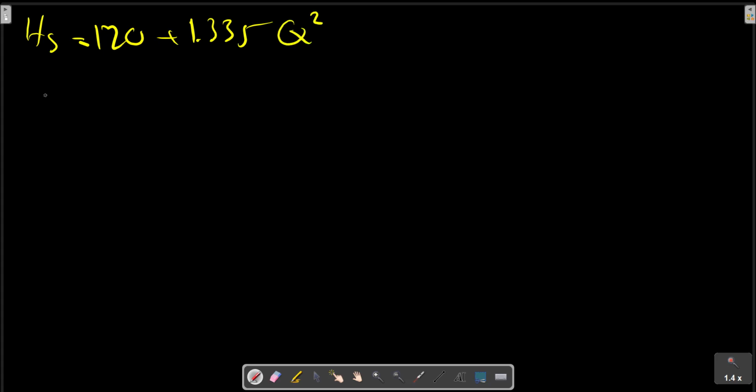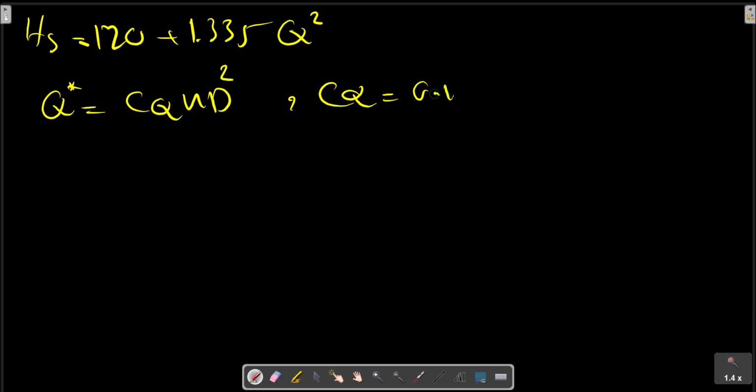At the start point, Q square is CQ star and D, where the CQ is star. Converting to this relation, we can obtain HS star also.